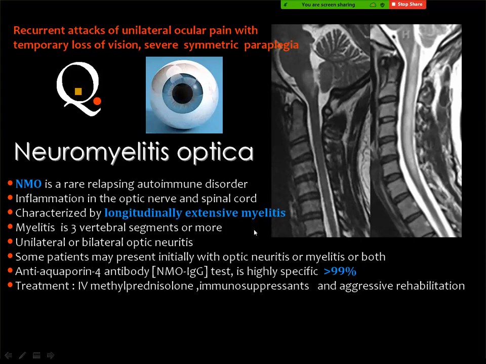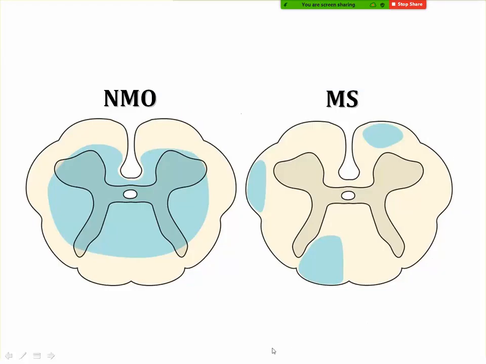And the affection of the cord is usually extensive. They said that it should cover 3 vertebral segments or more. And these patients had positive anti-aquaporin 4 antibody, which is a neuromyelitis optica IgG test, which is positive in about 100% of the patients.